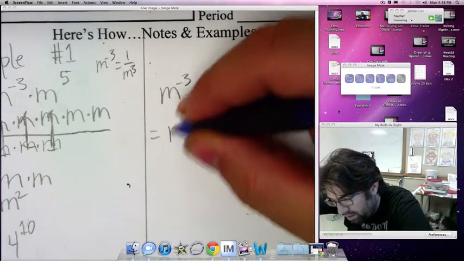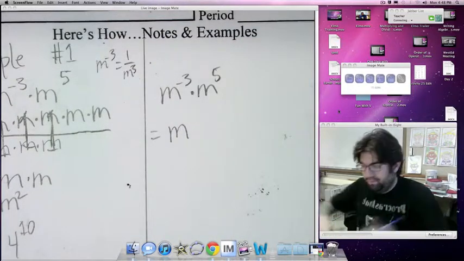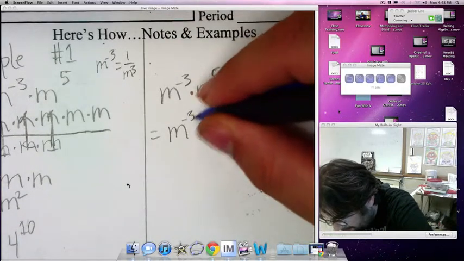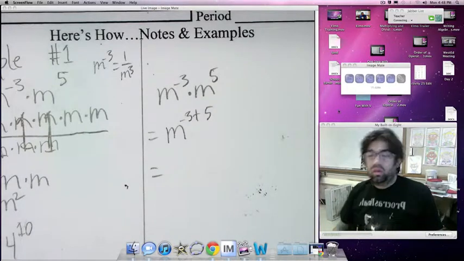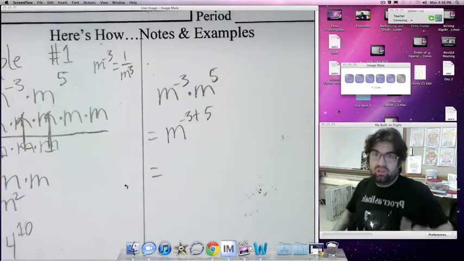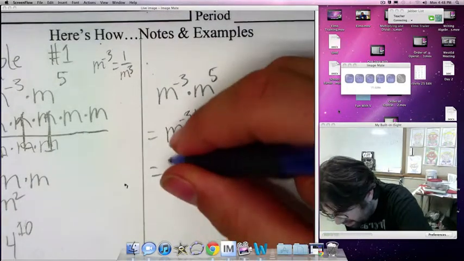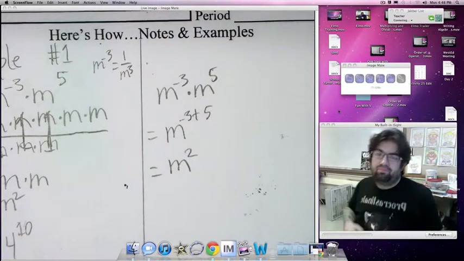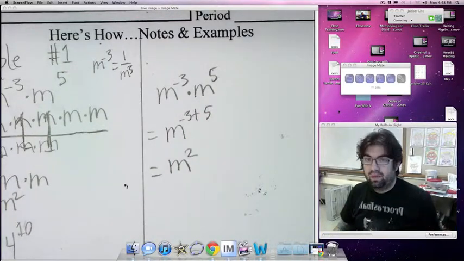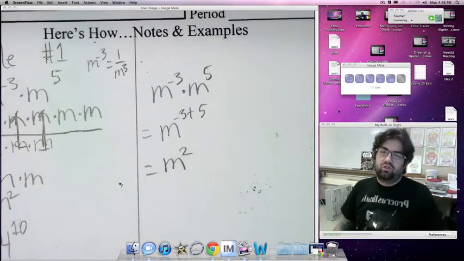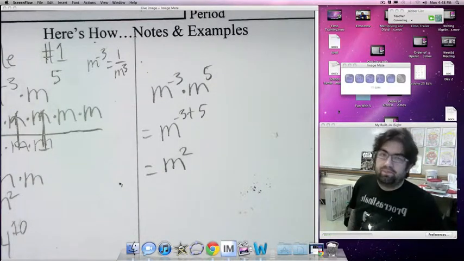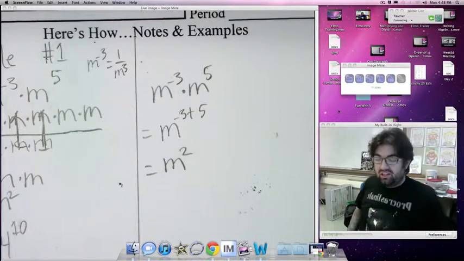So I can write one base, that doesn't change, it's m, to the negative 3 plus 5. Well, negative 3 plus 5 is 2. So this is m squared. And then we're done. You have to show this step right here, or I'm not going to think you understood what you were doing and you were just guessing. But that's it. That's us using the properties.